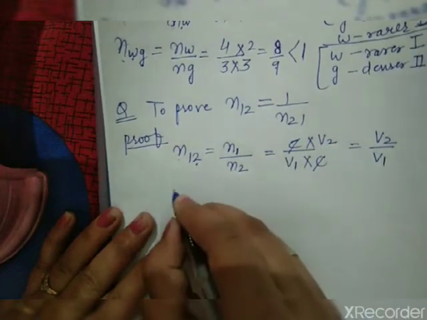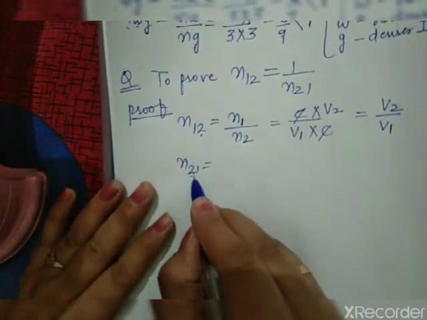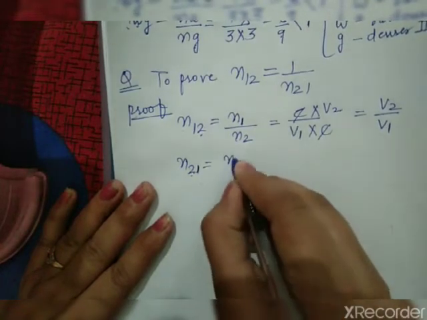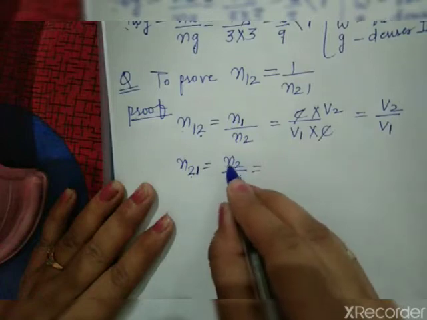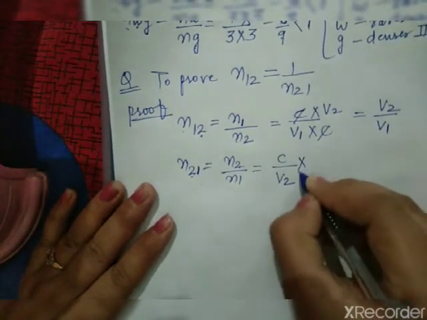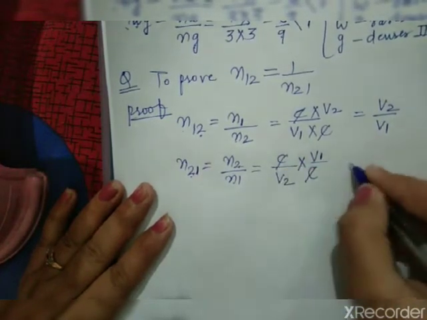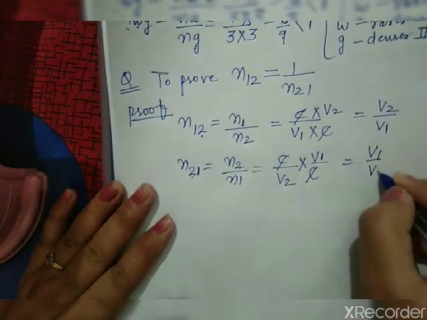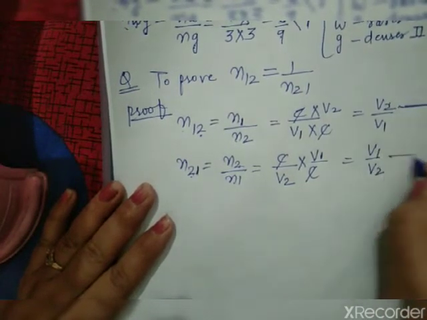Now what is N21? N21, refractive index of second medium with respect to first medium, that is N2 by N1. What is N2? Refractive index of the second medium, C by V2. N1, C by V1. Cancelling C with C, result is V1 by V2. Here V2 by V1, here V1 by V2.